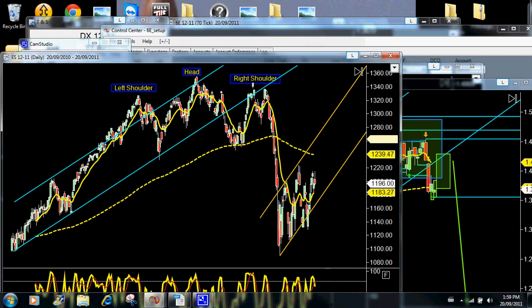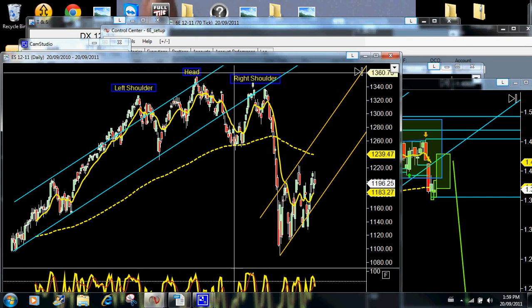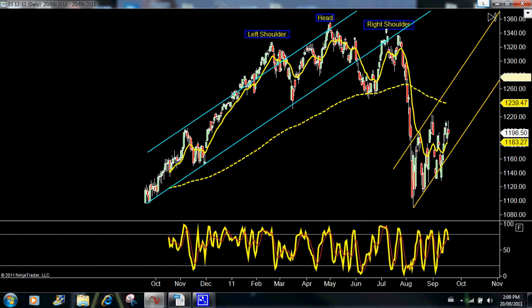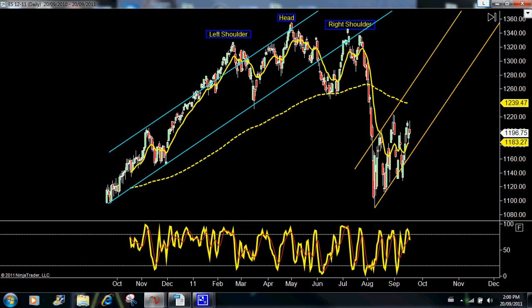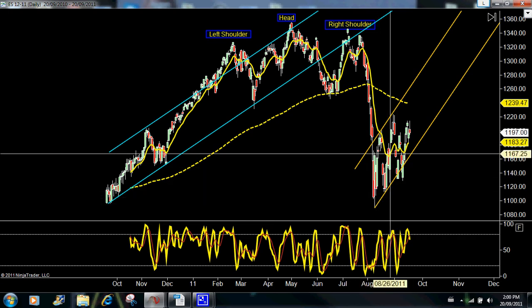We want to see a nice rise in the S&P 500 all the way to Christmas time. They were trying to tell us that the market was going to fall from this head and shoulders pattern right here that we can see on the daily chart of the S&P 500. Now we've got a channel starting up here.